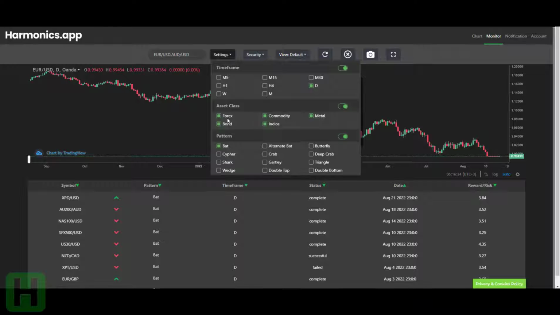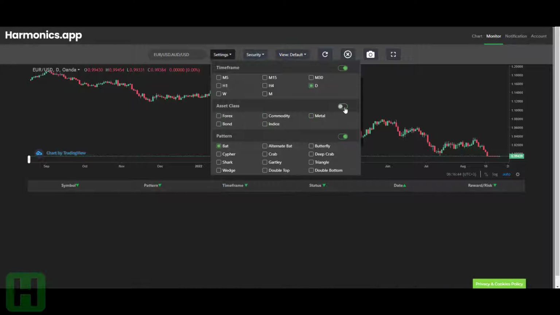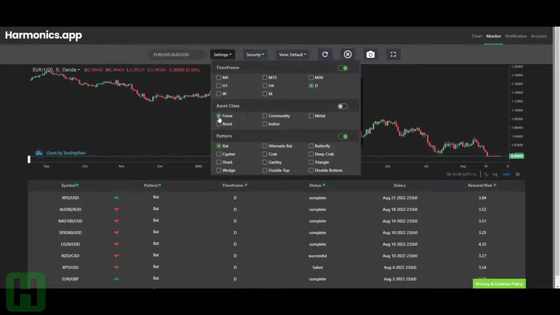And then here in the asset class you can leave it all selected. If you want to analyze only a certain asset class, for example, you want to check only Forex, you can unselect all of them and then select only Forex. But if you want to have all of them, just click here and they all will be selected.